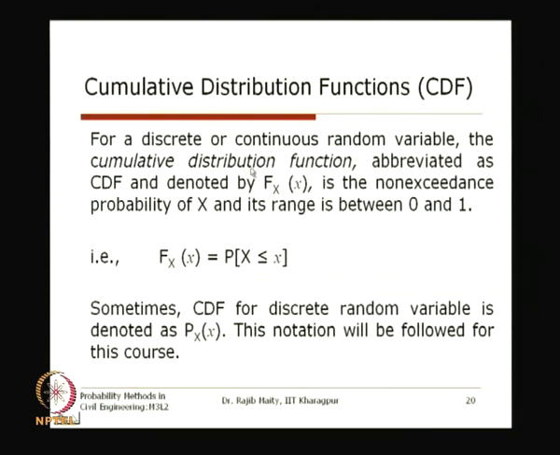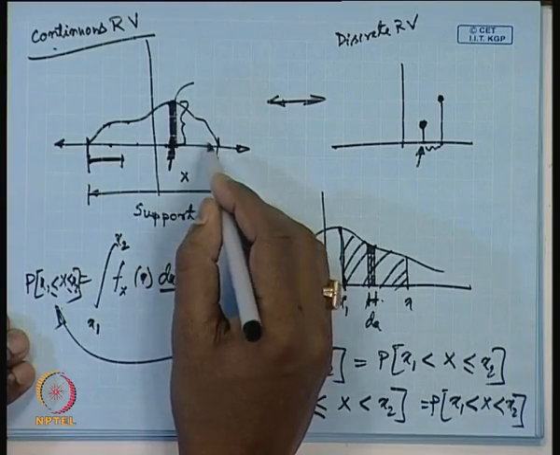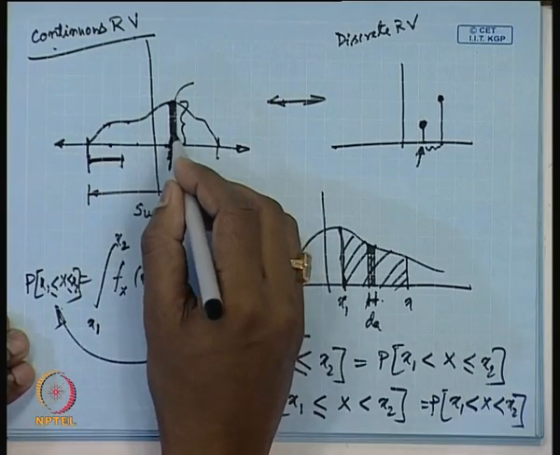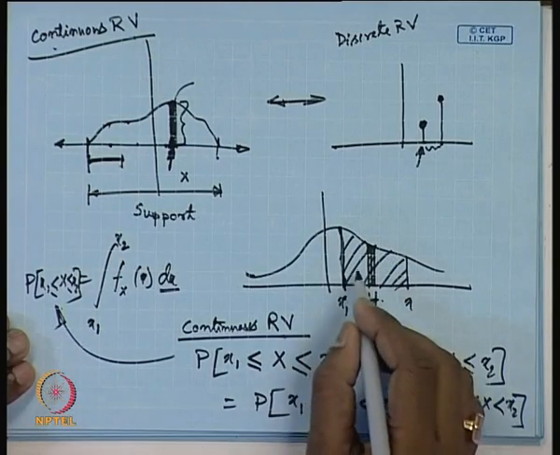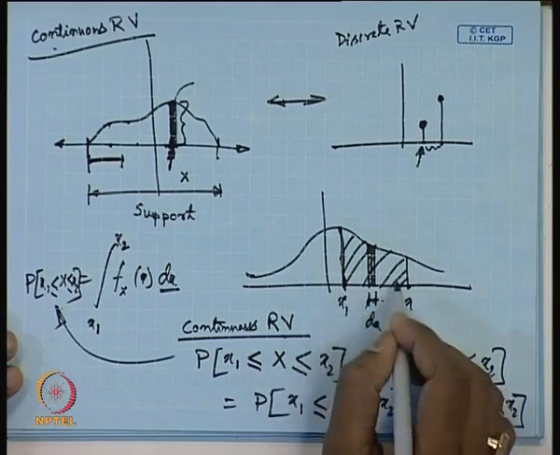Now to illustrate what we are saying, this is the probability distribution function. To calculate this probability, we have seen that we have to integrate over this range.